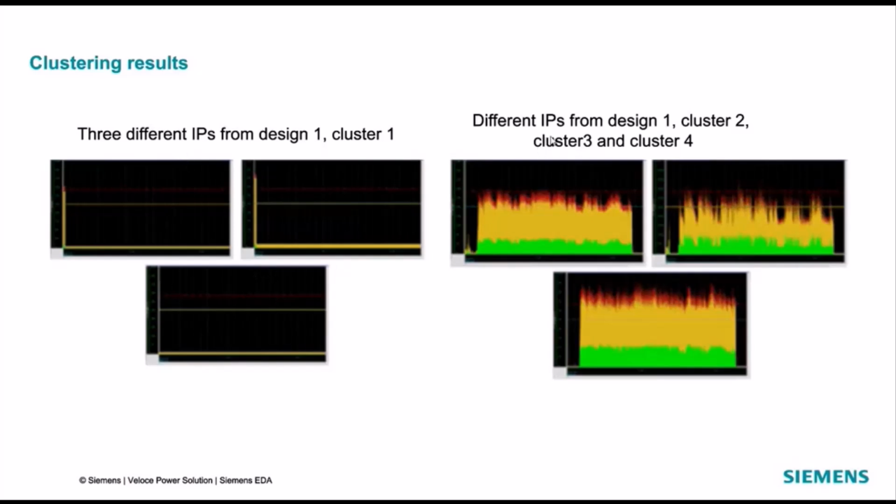Here, there are 3 different IPs from design 1 that are placed in different categories. And visually also I would put them in different categories because the way they behave is different. And this is our first layer of clustering.